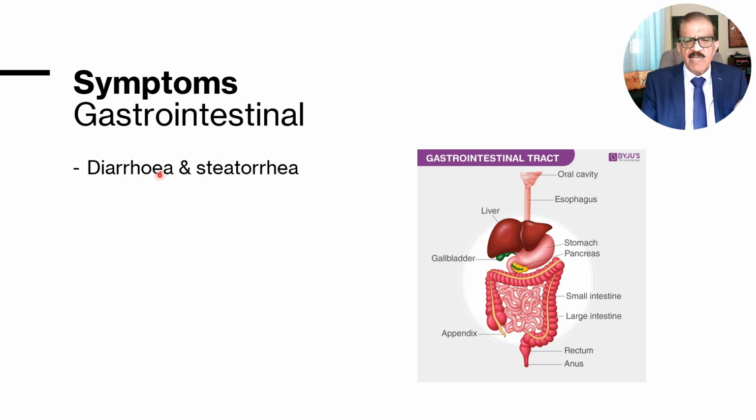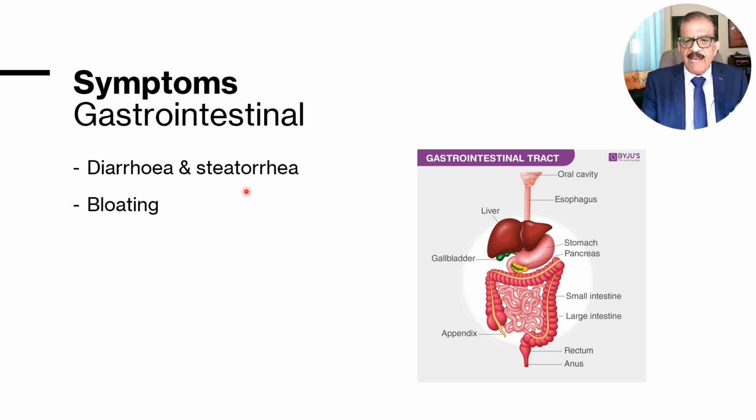Steatorrhea is diarrhea with a lot of fat in it, and this stool can be recognized by the patient. The stool is very fluffy, it has a lot of fat in it, it is very foul smelling also, and it floats on water and is really difficult to flush, and the patient would also feel as if the patient passes fat from the stool when he or she cleans the rectal part.